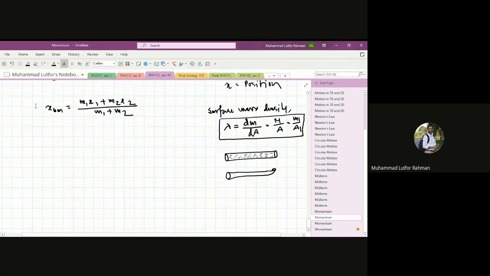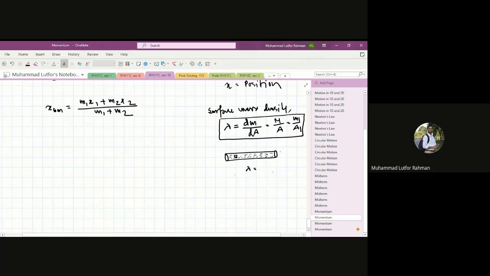If it is homogeneous, and we take a small segment of the mass divided by its area, or the total mass divided by the total area, that parameter will give the same value. That's the definition of the surface charge density.